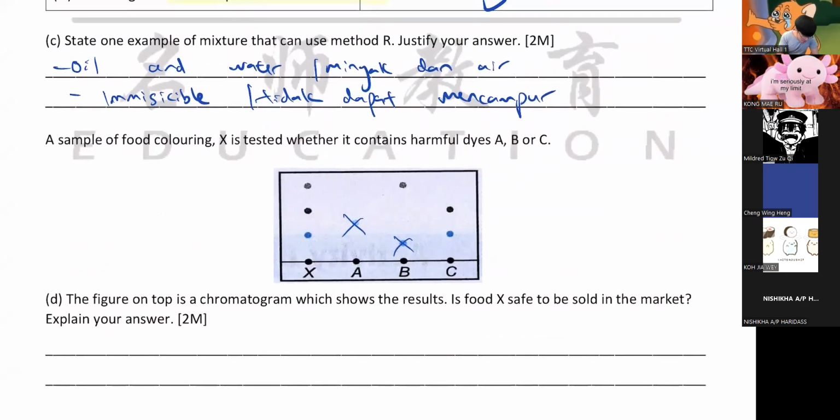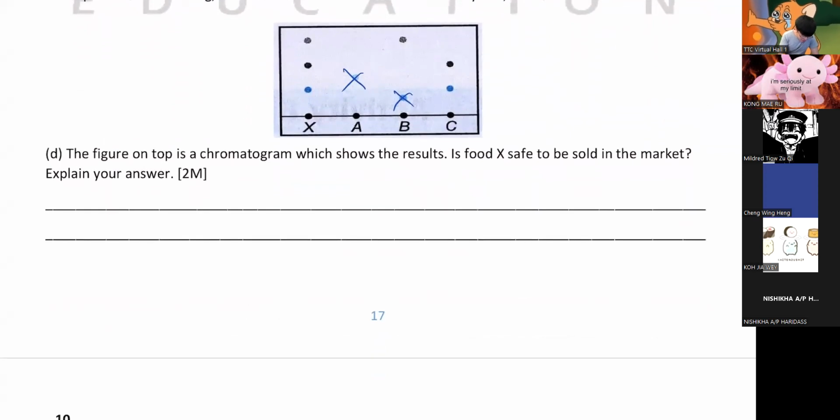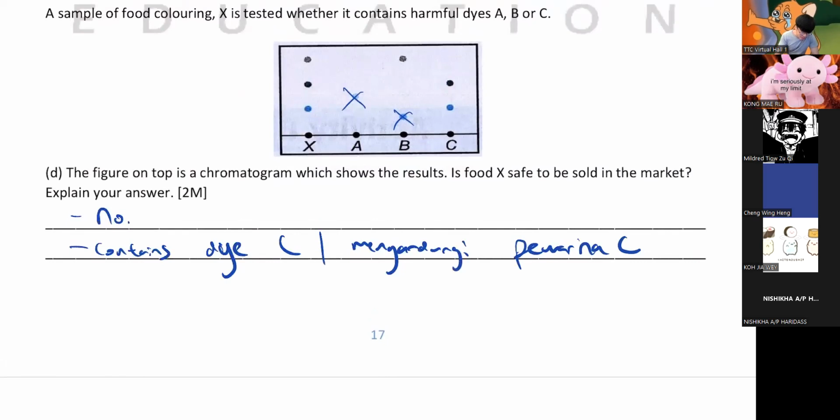Immiscible, oh, I'm close enough. Okay, so is food X safe? No, because it contains dye C. Okay, mengandungi pewarna C.